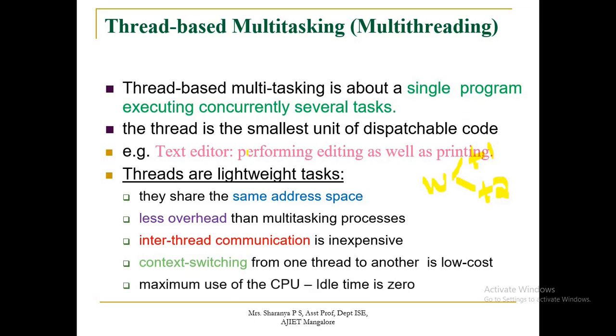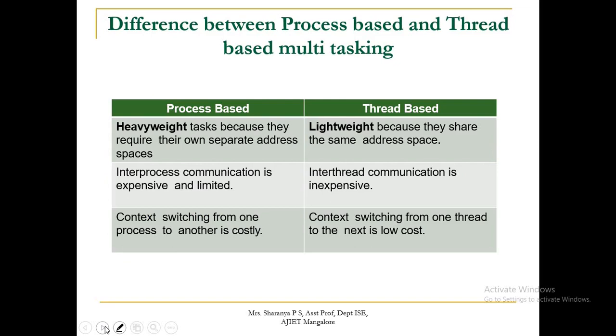Now we saw why threads are called lightweight, and why processes are called heavyweight. Now we'll see the difference between process-based and thread-based multitasking. What we have discussed, I have summed up in a table. Why is process-based multitasking a heavyweight task?